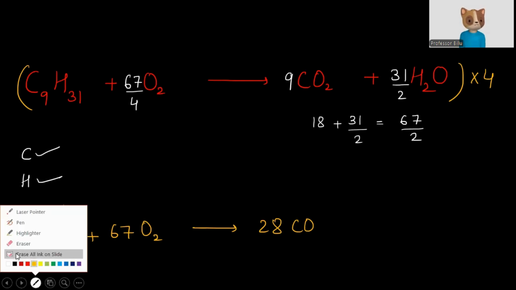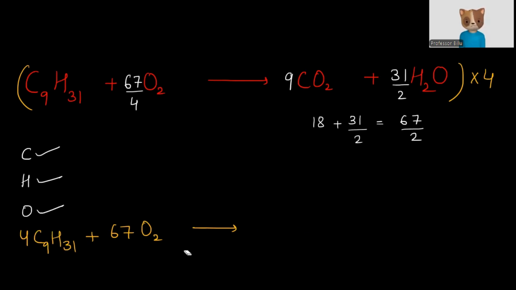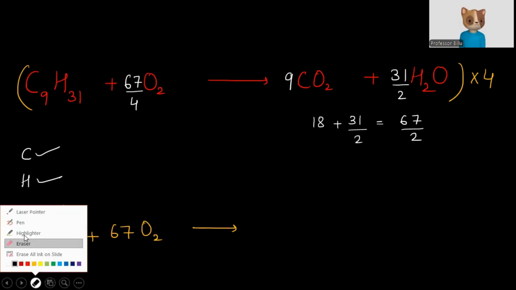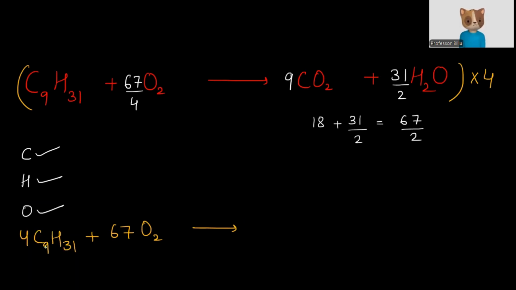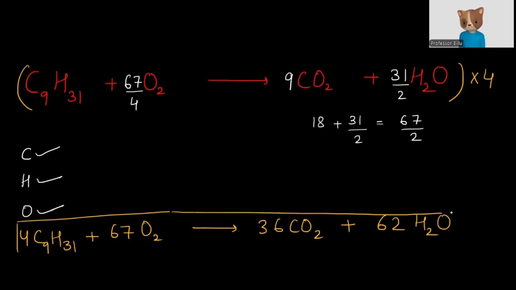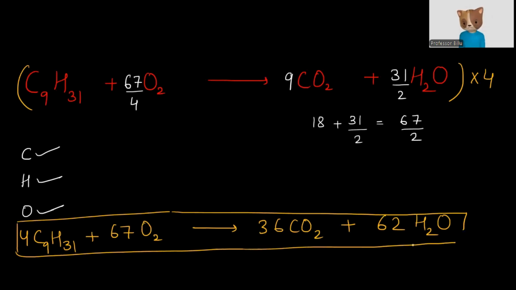My bad, I'm so sorry. 67O2 gives you 36 CO2 plus 62 H2O, right? You can check the number of atoms on the left side is equal to the number of atoms on the right side. So this will be your final equation.